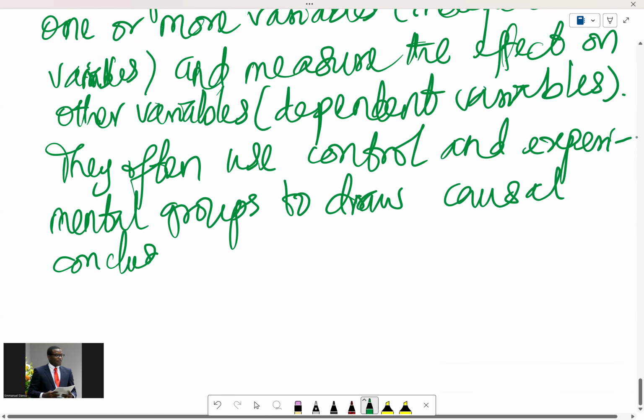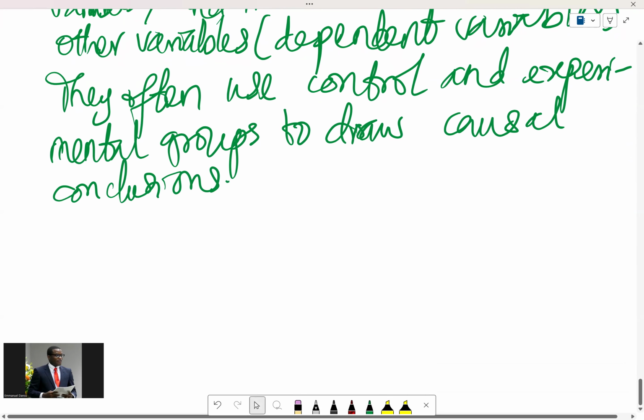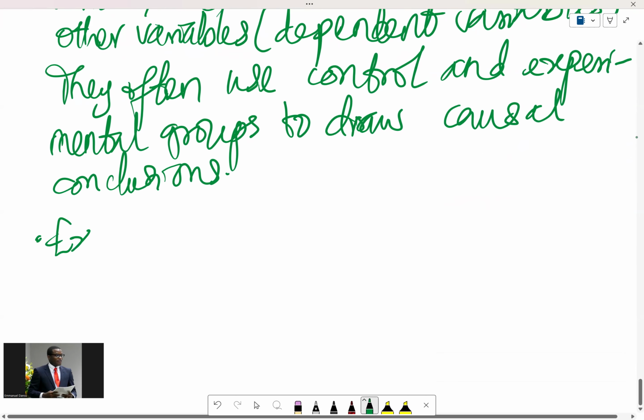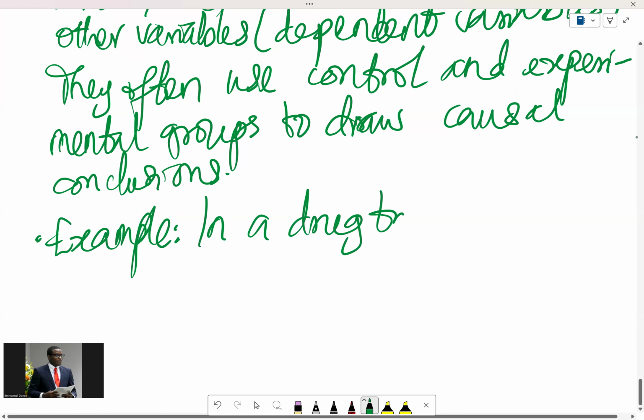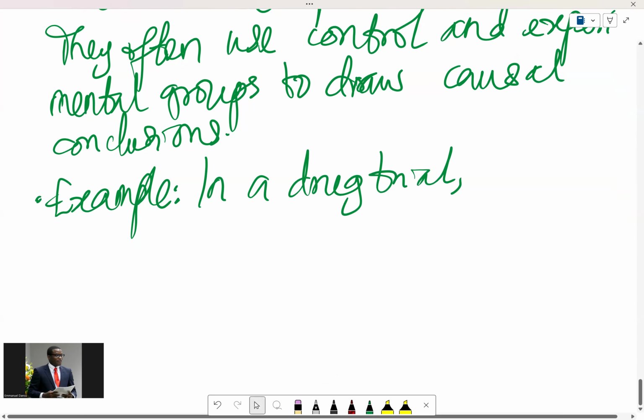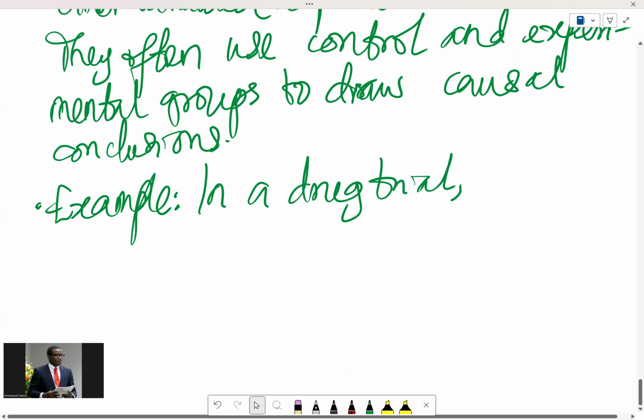Example would be in a drug trial, that's the process of drug discovery, making a new drug for a particular disease.